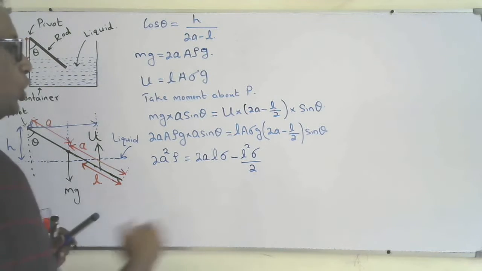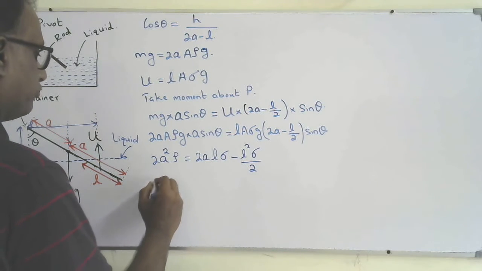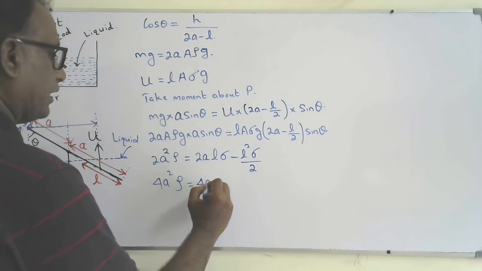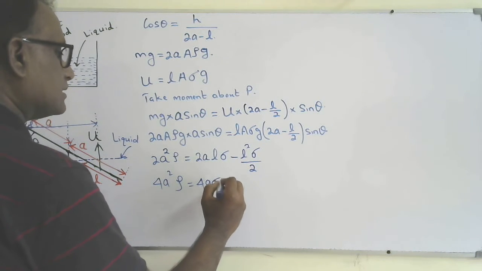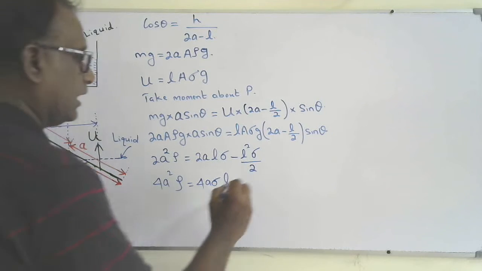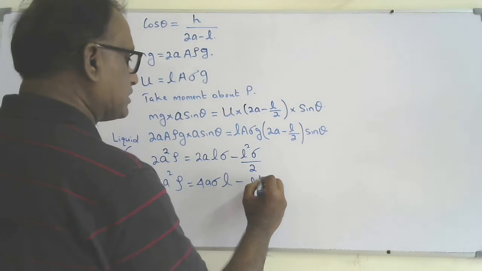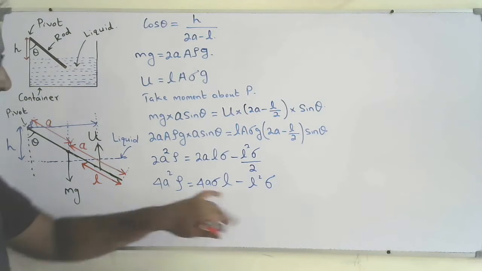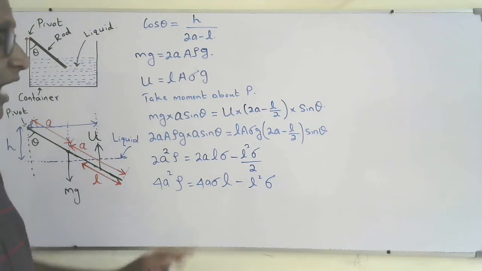Okay, so multiply the whole equation by 2. So 4a squared rho equals 4a sigma L minus L squared sigma. Okay, so I need to find L in terms of other quantities.